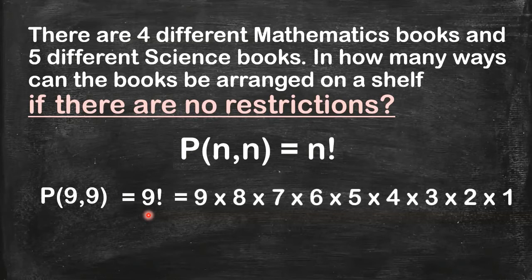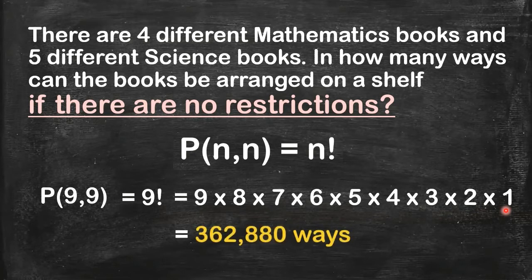It is 9 times 8 times 7 times 6 times 5 times 4 times 3 times 2 times 1. Using your calculator, you should be getting 362,880 ways to arrange 9 different books on a shelf.